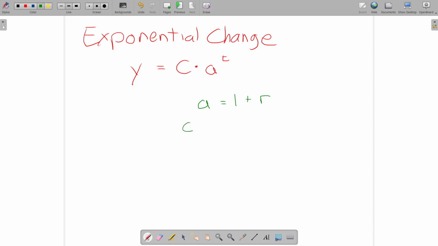So we could have a growth situation, like interest in an account, where R might be something like 2%, some positive number. On the other hand, we could have a decay situation, like a car depreciating in value.